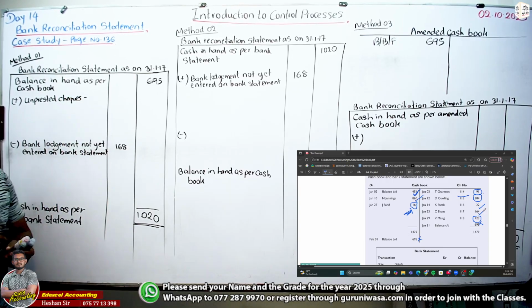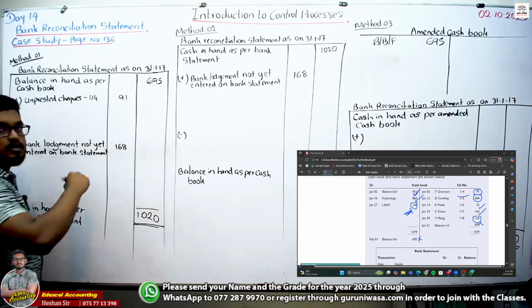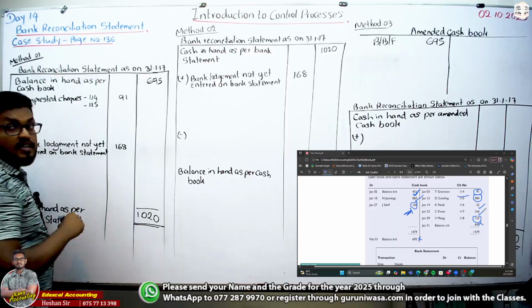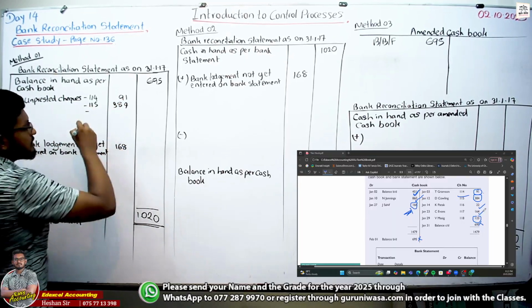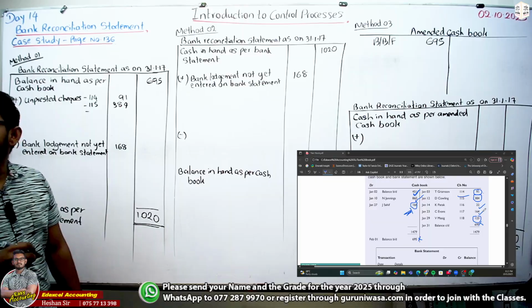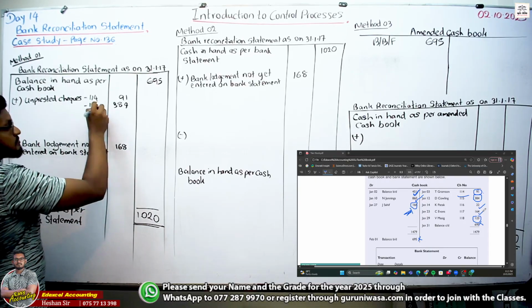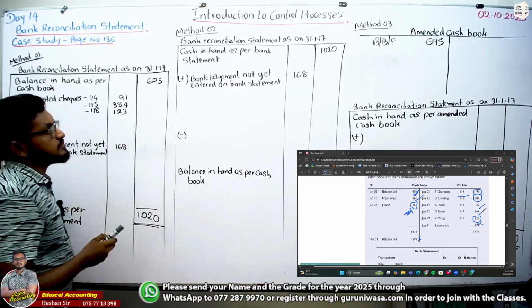Check number 114, 91, 415, that is 384. Then another thing, 118 is 120.